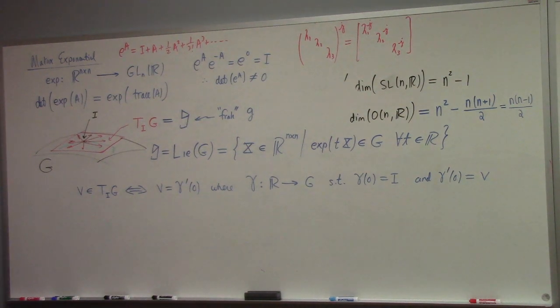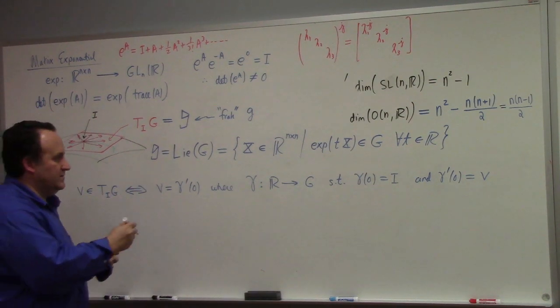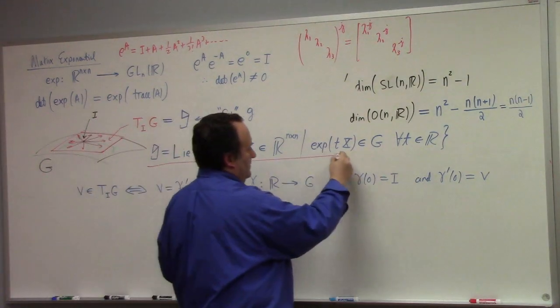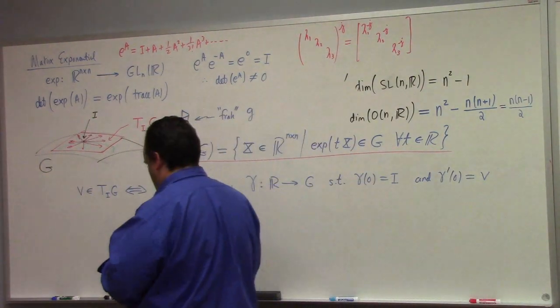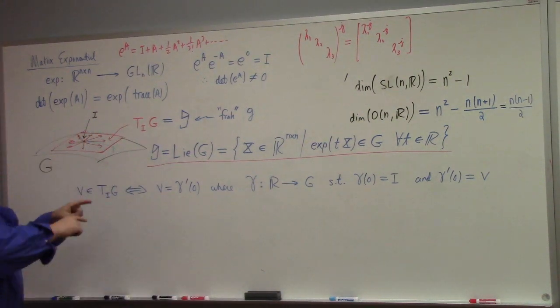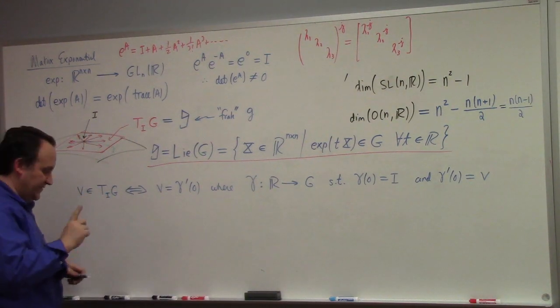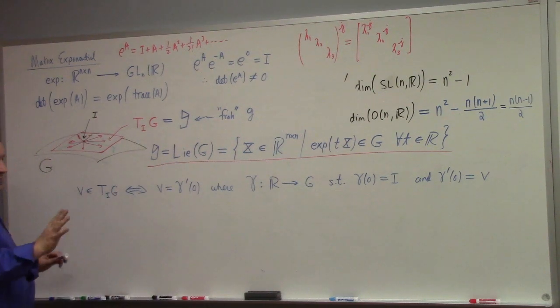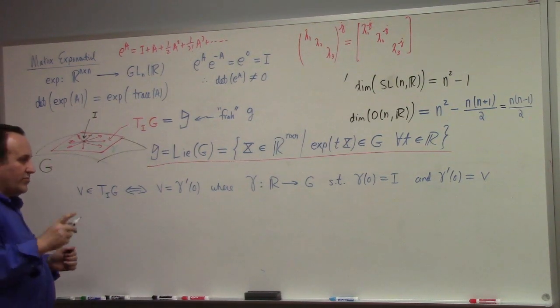I don't know if that's really different. You might say that looks really different than what you have written above, because there's no matrix exponential in what I've written here. But check this out. Here's where the connection happens.